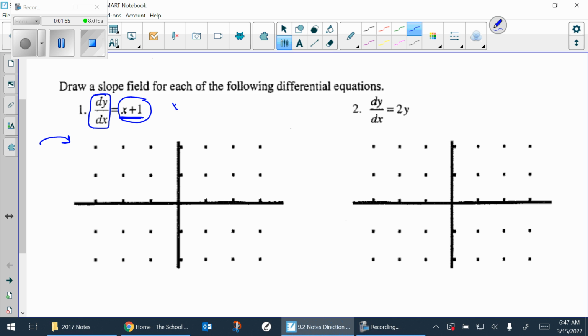Now what if x was negative 1? If x is negative 1, then x plus 1 is going to be 0. And so whenever x is negative 1, I'm going to draw a small segment right here showing that the slope would be 0 if the function actually did go through that particular point.